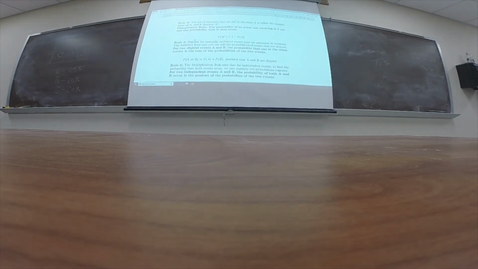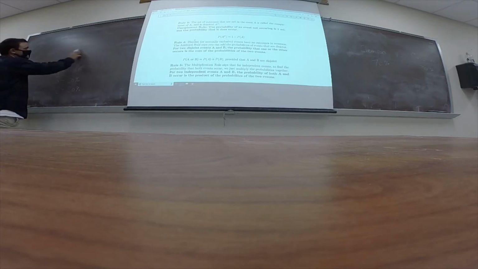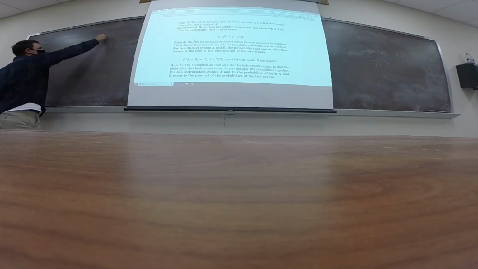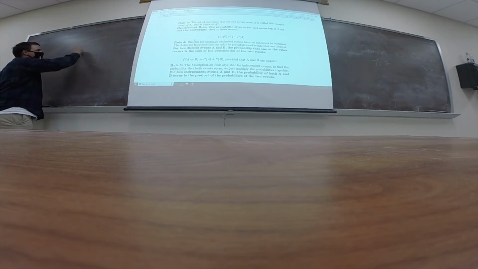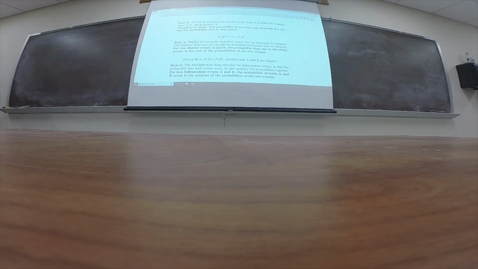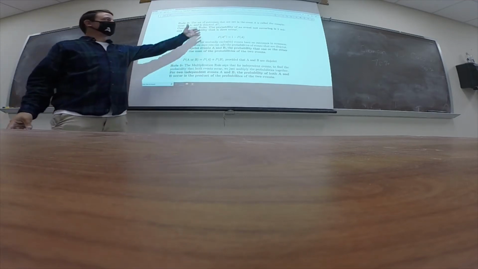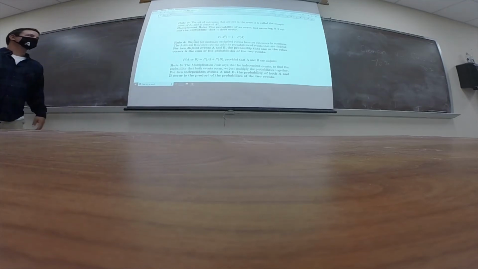Rule number 3. The set of outcomes that are not in event A is called the complement of A. The complement rule is pretty important. It's going to save you a lot of time and make calculations a lot easier on several examples. You've got your sample space and your event A. All this says is the probability of an event not occurring is 1 minus the probability it does occur.